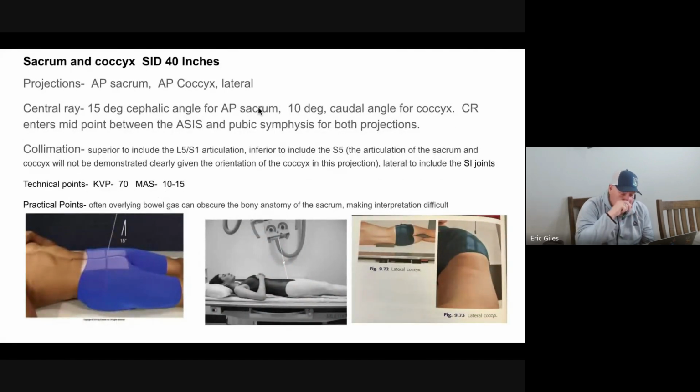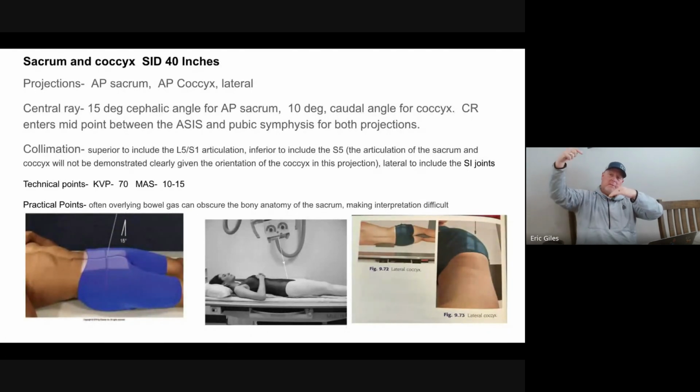Sacrum and coccyx, you don't do a ton of these, but every once in a while you do. You're going to do an AP sacrum, an AP coccyx, and a lateral coccyx. The central ray for the AP sacrum is 15 degrees cephalic angle, so towards the head, and for the AP coccyx, it's 10 degrees caudal. Your sacrum kind of sits like this, and then your coccyx kind of comes along like this.